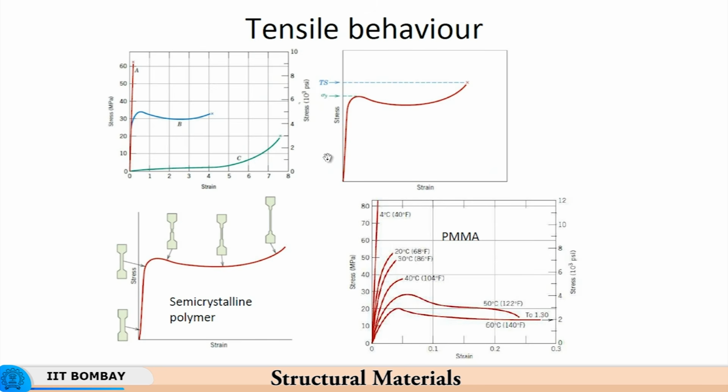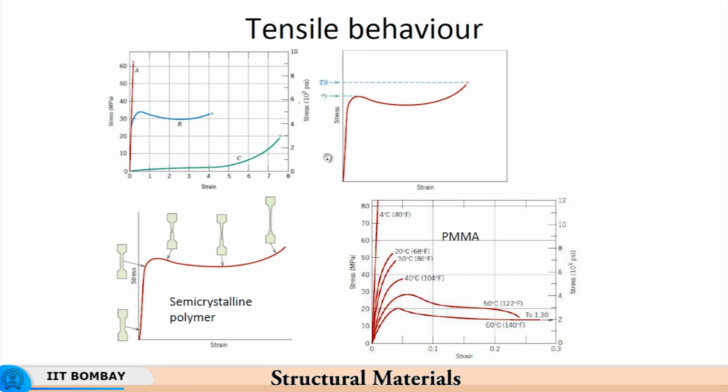If you look at the tensile behavior, we see that in case of a glassy state, the Young's modulus is very high, and then the material will break over here. It will not flow in a plastic manner.